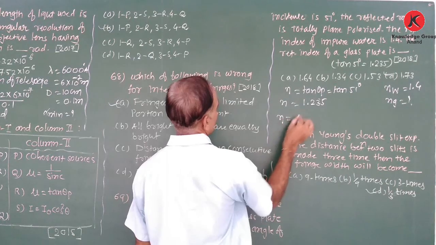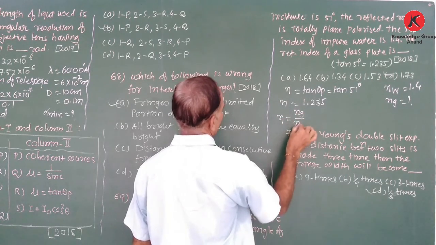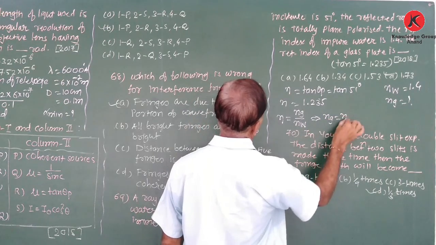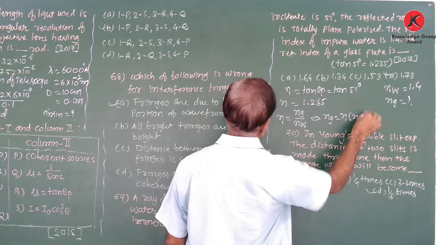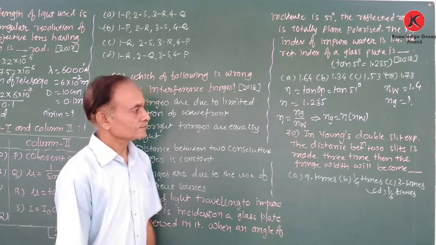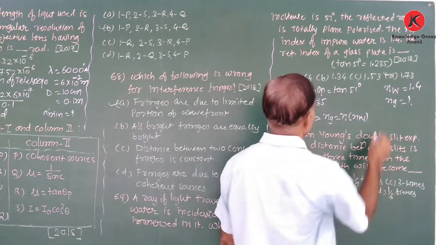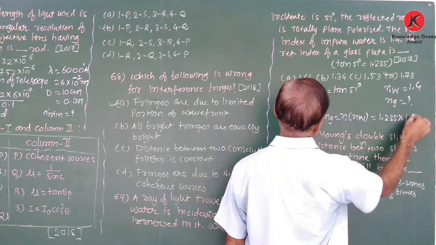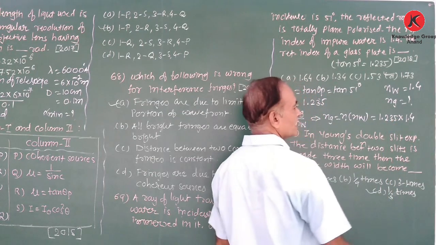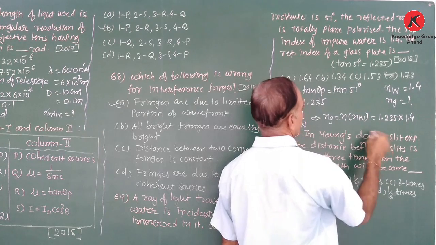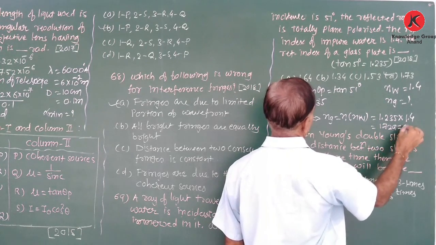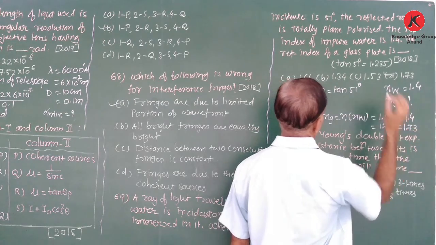Therefore, n is equal to ng upon nw. Therefore, ng is equal to n into nw. n we already obtained, 1.235. The refractive index of water is given as 1.4. Therefore, we obtain 1.729, that is approximately 1.7.